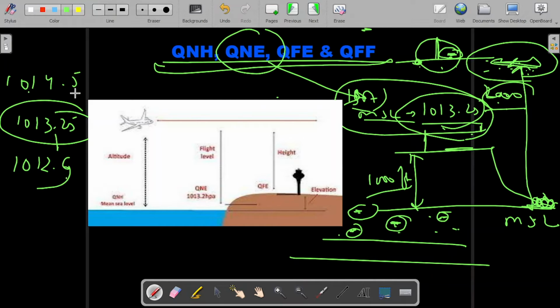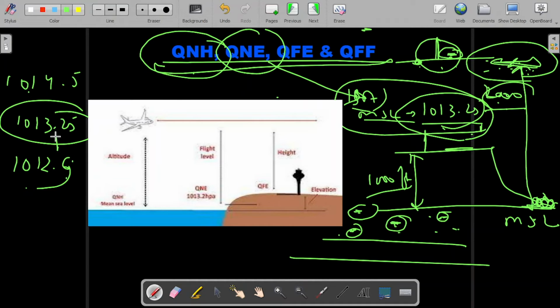These values are calculated for the particular day using mathematical formulas, and if the height is calculated using this value, the actual mean sea level pressure of that day, that is known as QNH. Generally, flights flying near the shore and approaching towards the ground use QNH during the approach so as to reduce the error.